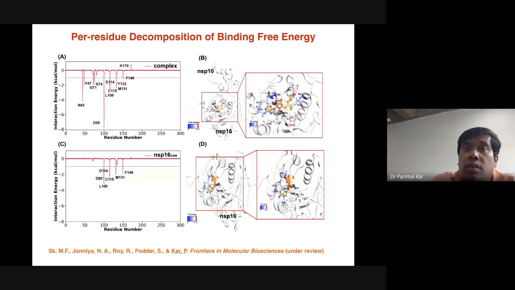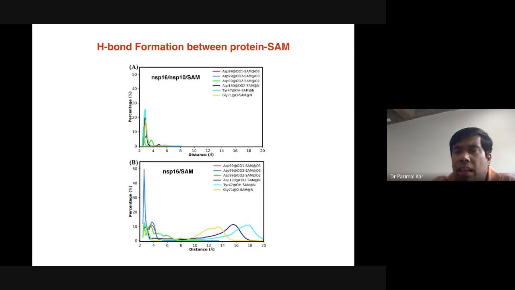But if you consider only the NSP16 target, then a few amino acids take part in the binding, and their contribution is also good. So that's why you should target the heterodimer. And this is the hydrogen bond occupancy: if you target the complex, then you have better stability of the hydrogen bond. But if you target the NSP16 SAM alone, then the hydrogen bond breaks down with the simulation time.